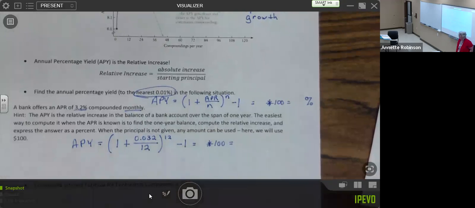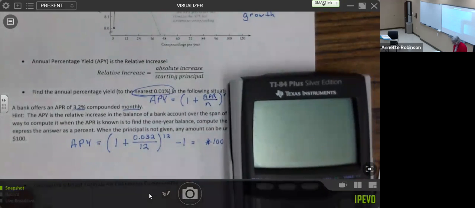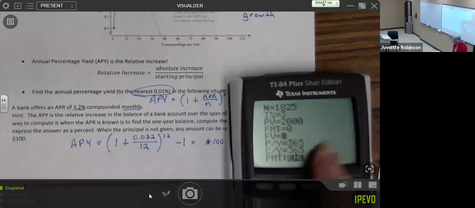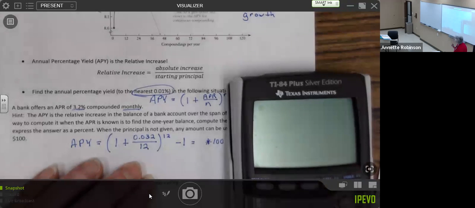Again, you could do this all in one step on your calculator, but I'd really suggest take baby steps. So I'm going to clear my calculator. Anytime you need to get out of something like this, it is second, mode. I've got a fresh screen.